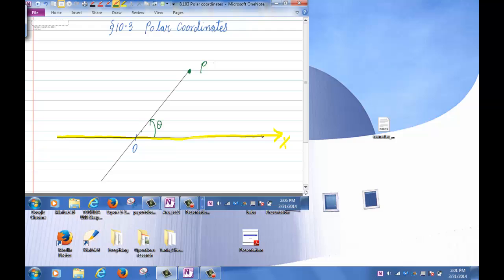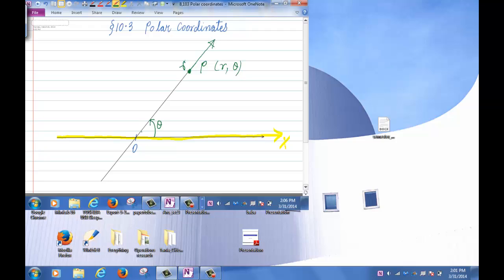So what is r? Remember, the polar axis is a copy of the number line. So the arrow indicates the positive side of the number line, right? So r is basically the real number represented by that point P. On the number line, P represents a number, and that number is r.